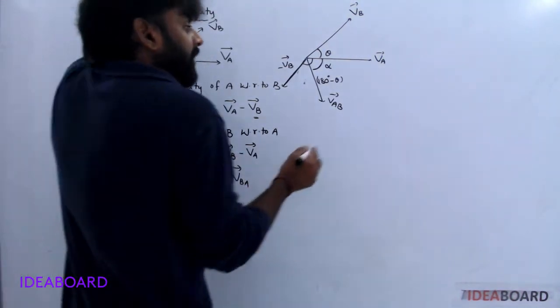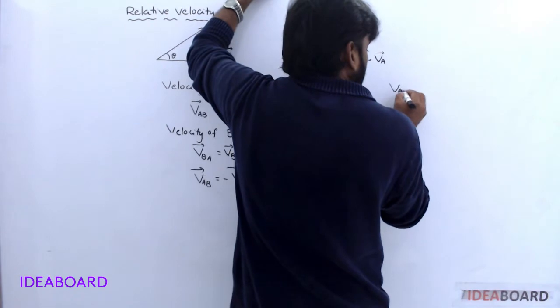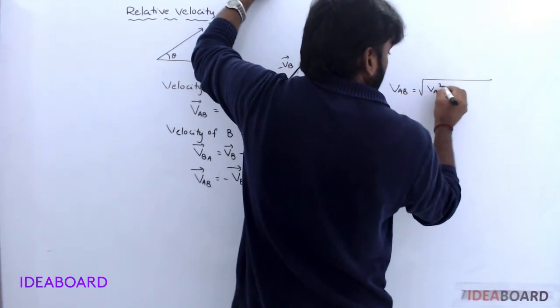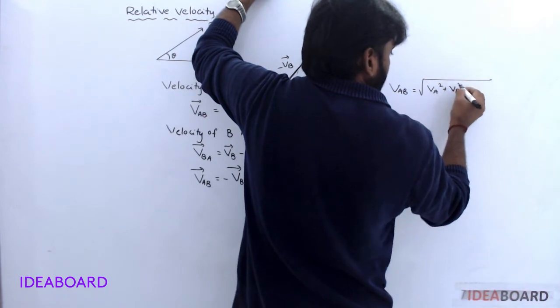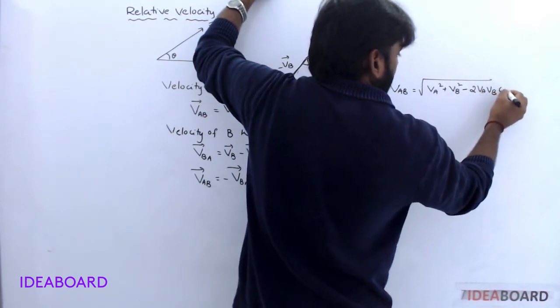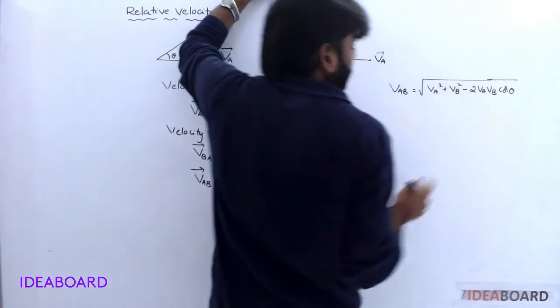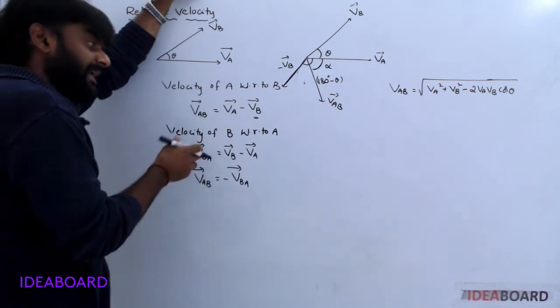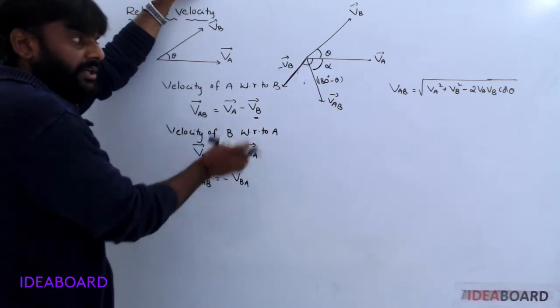Understood? Okay. Now A with respect to B in terms of magnitude is the square root of VA square plus VB square minus 2 VA VB cos theta. In magnitude both are the same, but the direction is opposite. Understood?